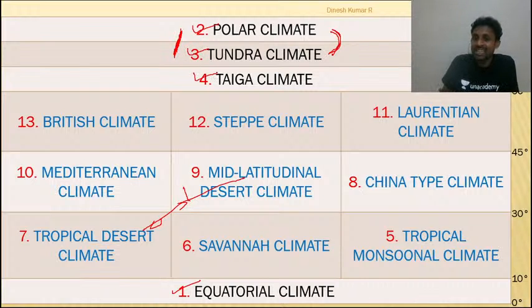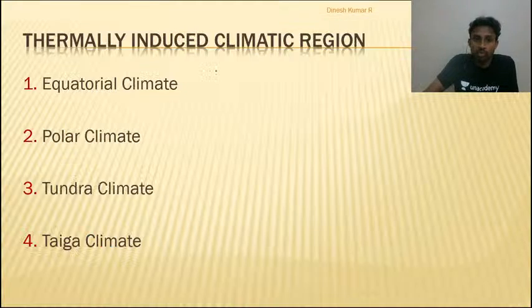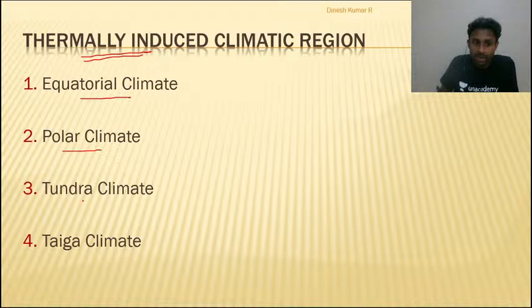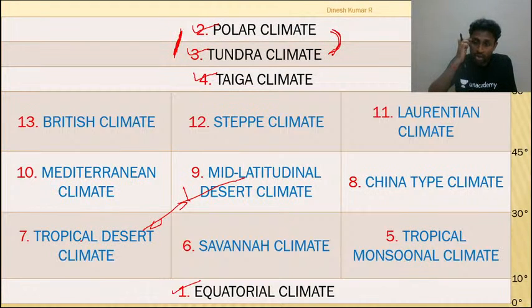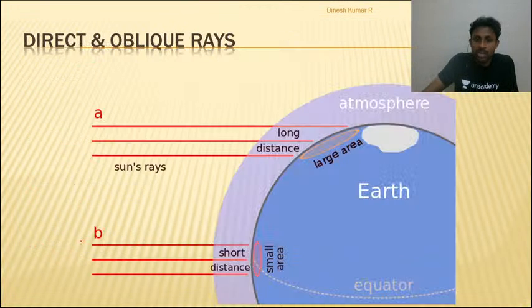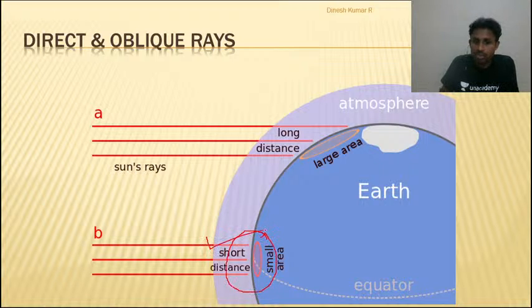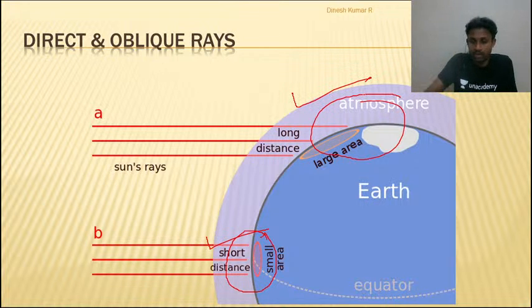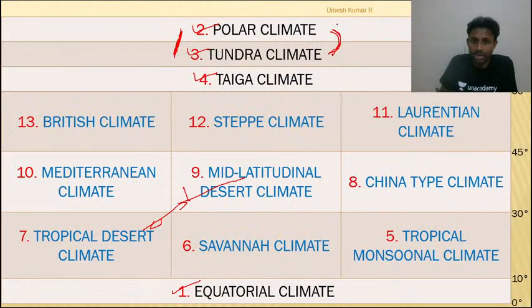They are basically referred to as thermally induced world climatic regions. Why do I say they are thermally induced? Because the equator area receives more sunlight, so it is a thermal reason. The polar region receives less sunlight, so again a thermal reason. That was the reason I included them there.